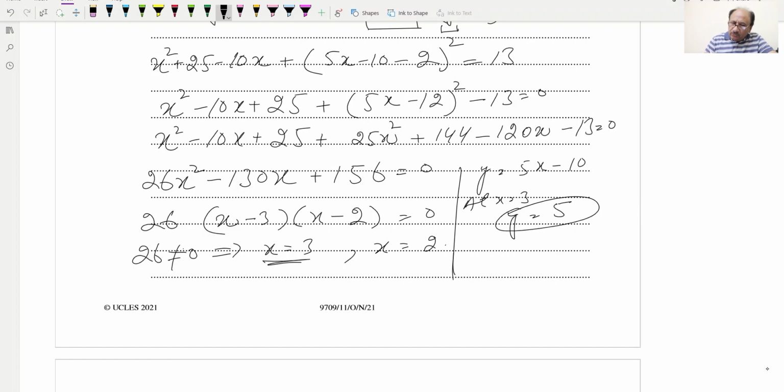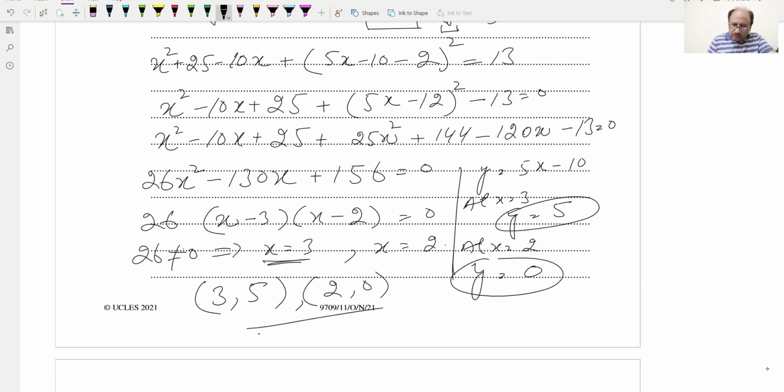And at x is equal to 2, y will be equal to 10 minus 10, so it will be 0. So these are the two values. The first point will be (3, 5), and the second point will be (2, 0). So these will be the 2 points. Hopefully you got these 2 points.